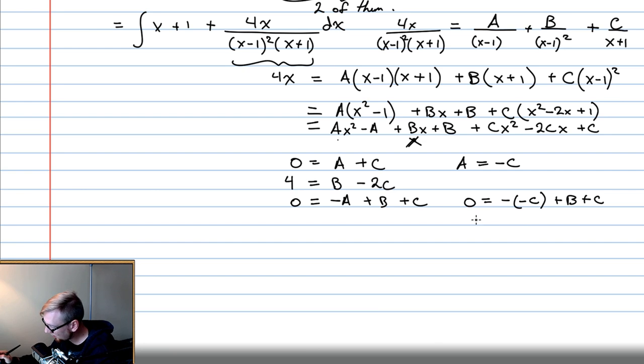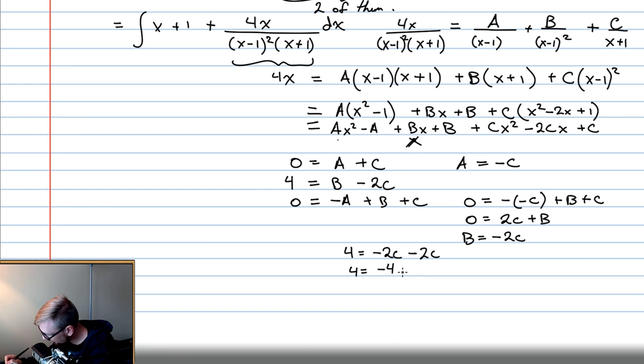So then we'd have 0 equals 2c plus b, so b is equal to negative 2c. Let's use that in this second equation. So we've got 4 is equal to b, which is negative 2c, minus 2c. Well, we've got 4 equals minus 4c, so c equals negative 1.